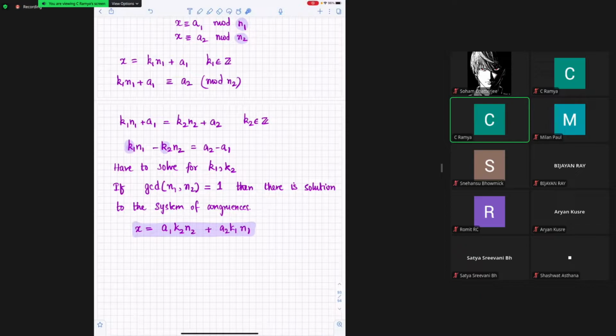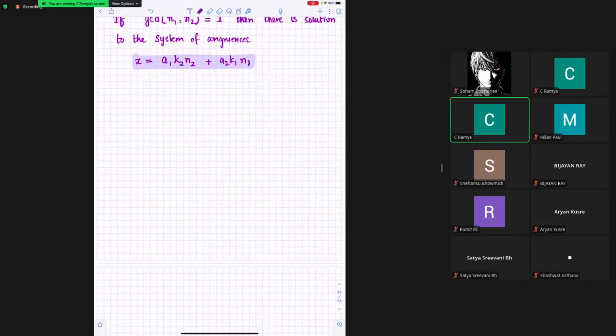So now we want to generalize this, right? Here we had only two congruences, so we were able to do this. Now the question is, is this true for a system of congruences? So what are the kinds of congruences we are looking at? A1 mod N1, and so on. So this is the system of congruences.